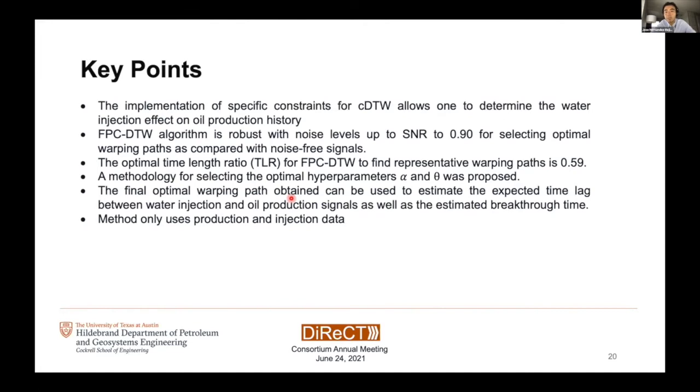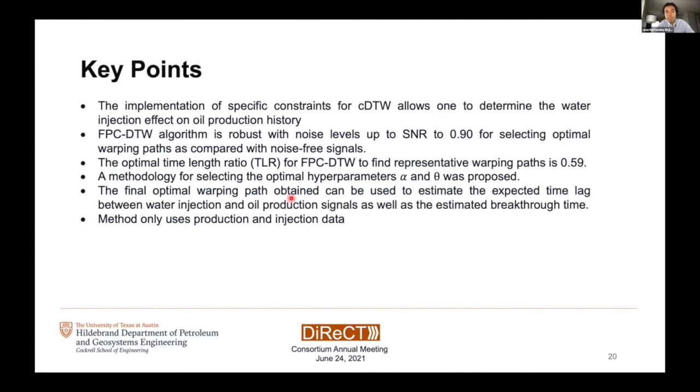We propose a methodology to select the optimal hyperparameters alpha and theta. At the end, the final optimal warping path can be used to estimate the expected lag time between the water and the oil production signal, as well as the breakthrough time.